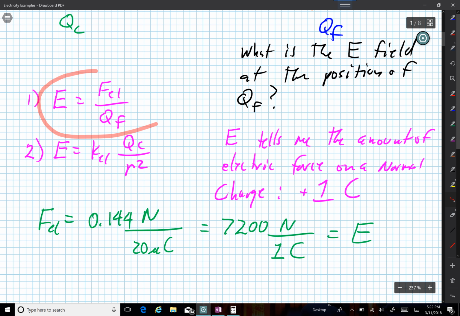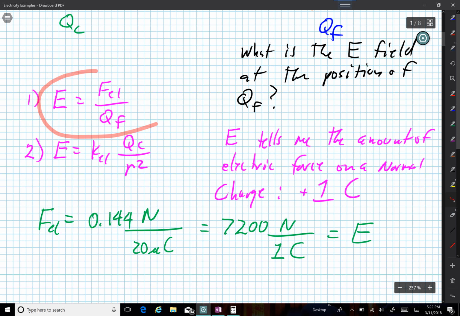But you can think of it not as missing, but as being a particular value, and that value is 1 coulomb. If I imagine that there's a field charge of 1 coulomb, I'll get the same result. It'll be 7,200 newtons, and that'll be the amount of force on a normal charge. Well, that's the definition of electric field, the amount of force on a normal charge.